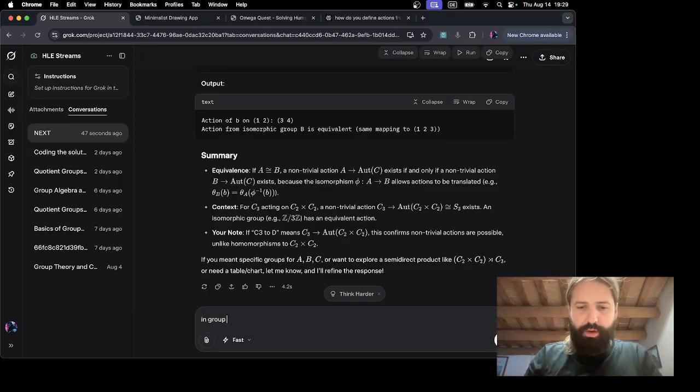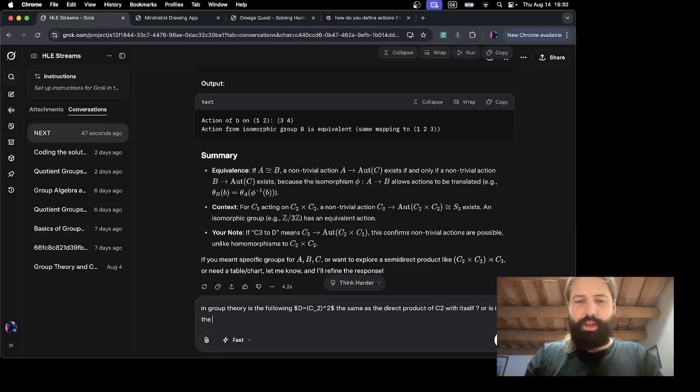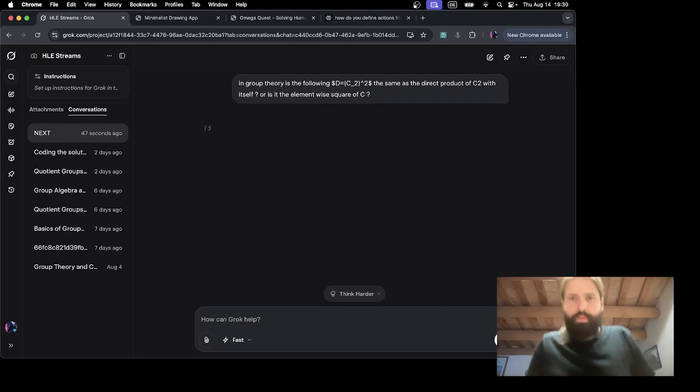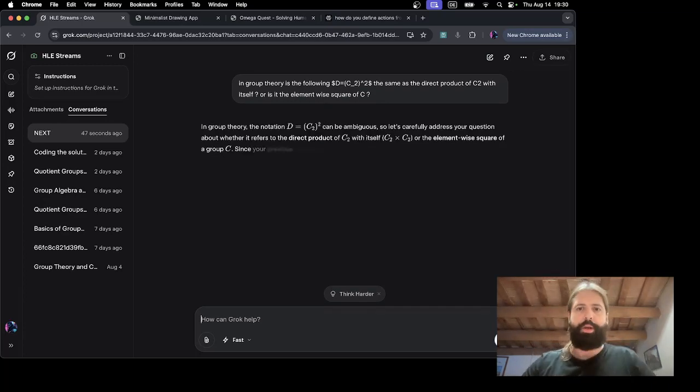So in group theory, is C2 squared the same as the direct product of C2 with itself, or is it the element-wise square of C? That would be another interpretation, right?